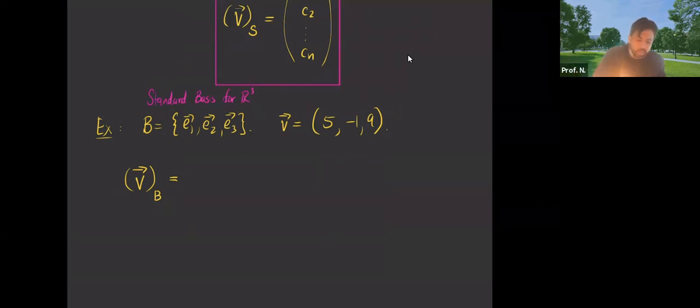What is embedded in each of our vectors up until this point? Every single time I write a vector, I'm using the basis e1, e2, e3. What is v? Isn't v simply 5 e1 plus negative 1 e2 plus 9 e3?